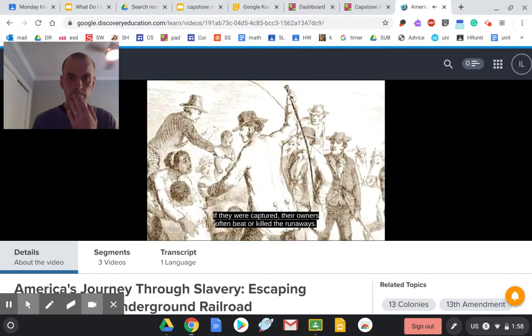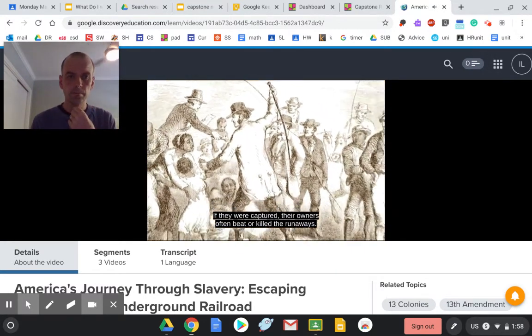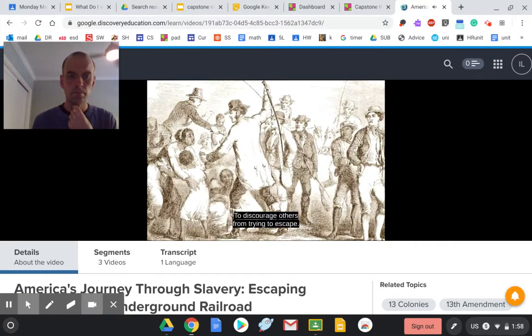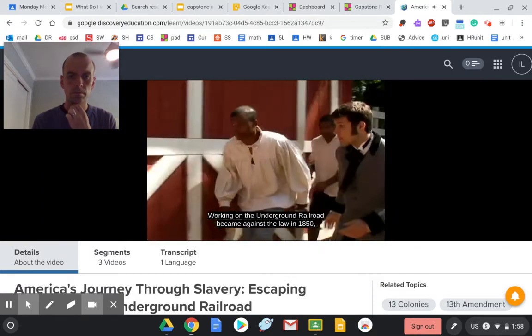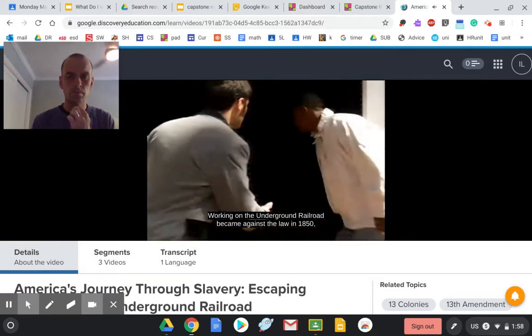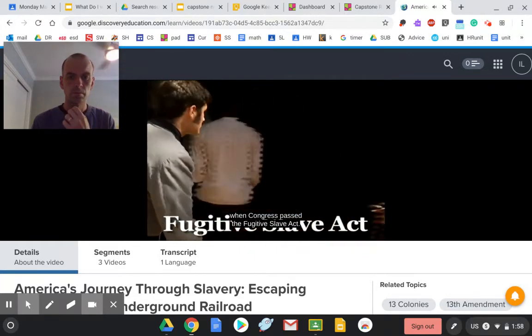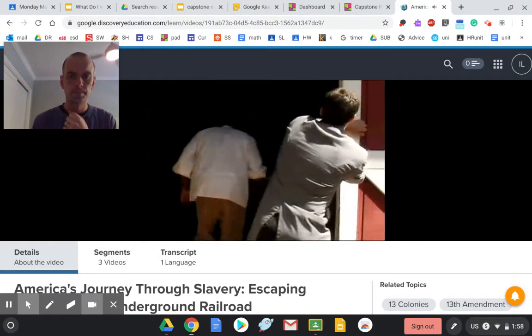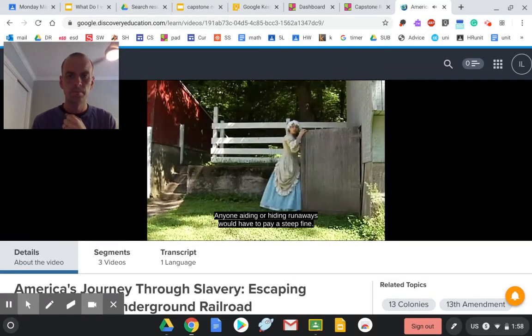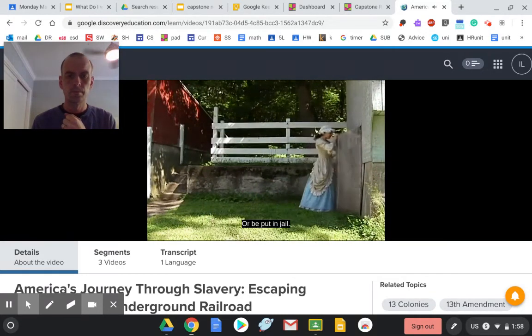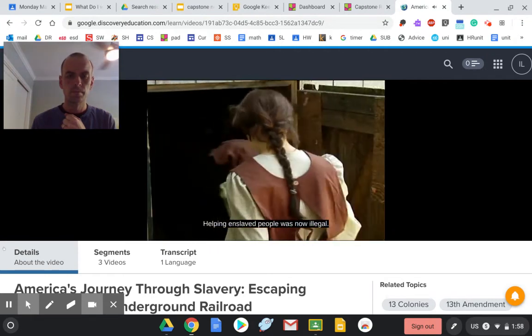If they were captured, their owners often beat or killed the runaways to discourage others from trying to escape. Working on the Underground Railroad became against the law in 1850 when Congress passed the Fugitive Slave Act. Anyone aiding or hiding runaways would have to pay a steep fine or be put in jail. Helping enslaved people was now illegal.